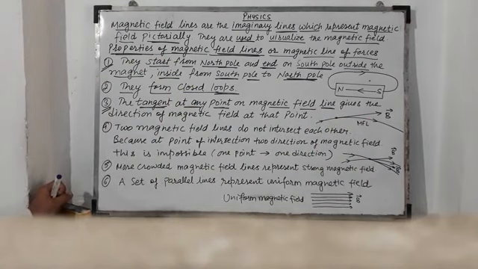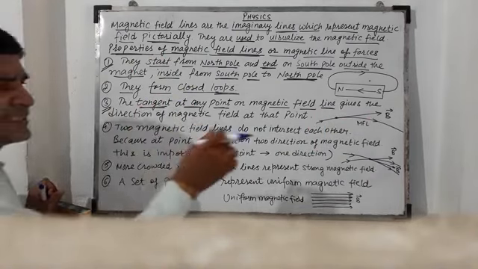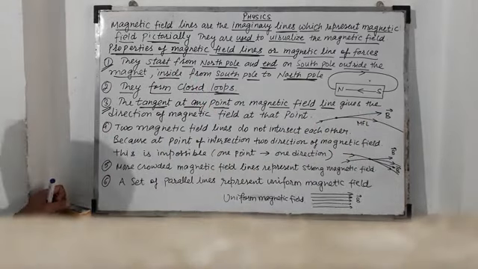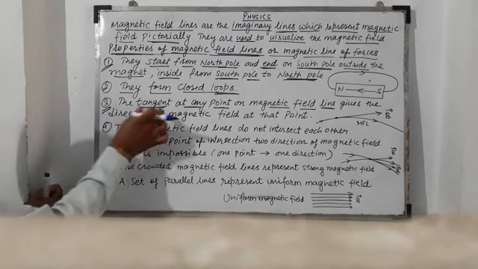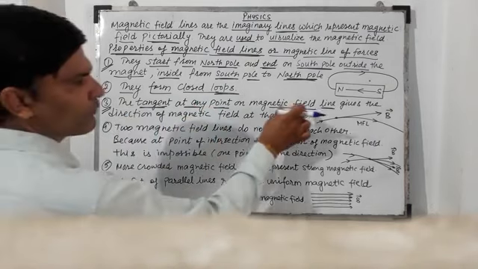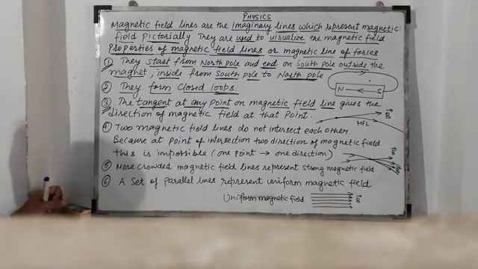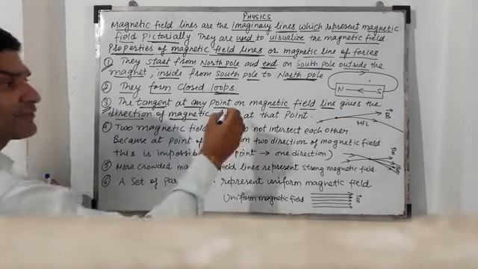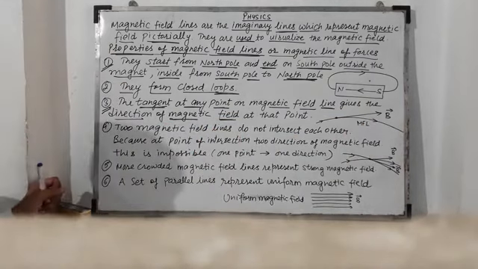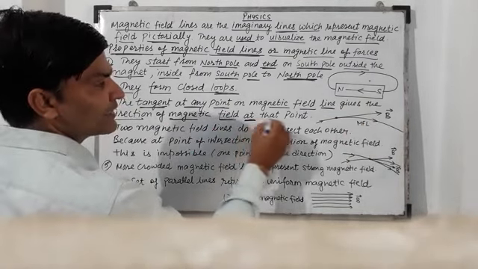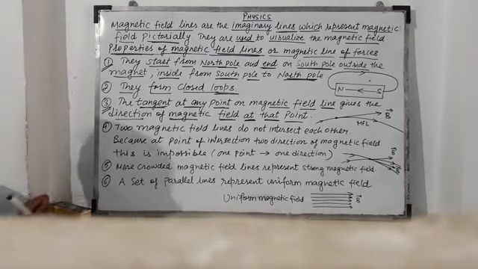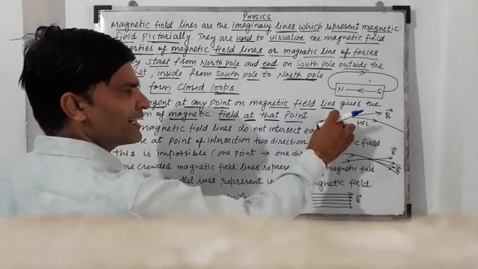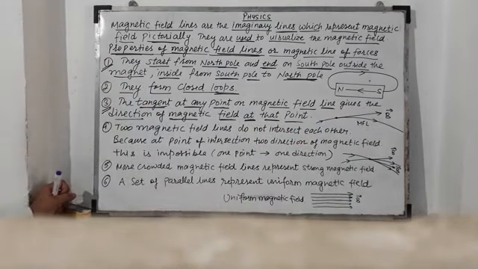A tangent is a line which intersects at one point. So once again, the tangent at any point on a magnetic field line gives the direction of the magnetic field only at that point.